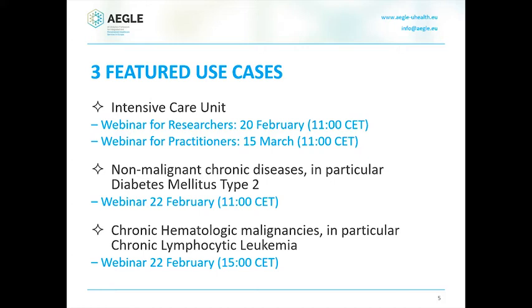However, we are running another one to demonstrate how practitioners can use the platform on the 15th of March, where we invite you to watch what are the differences in the use. Today we will be demonstrating the platform for use for researchers who are working in the diabetes field, and later today also the case for leukemia.